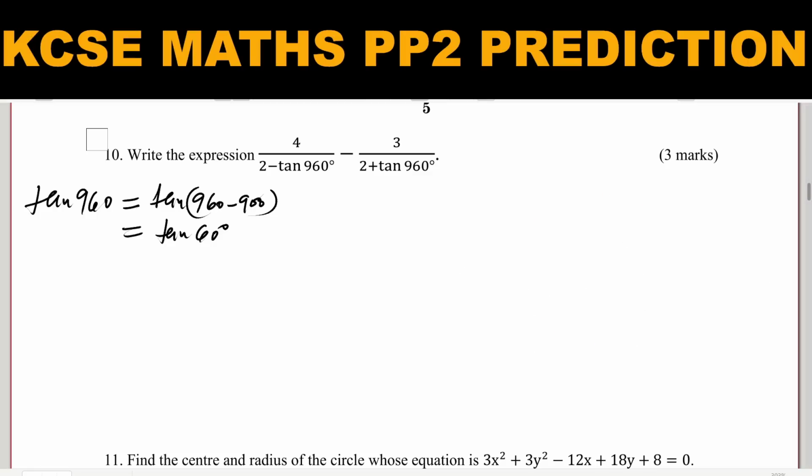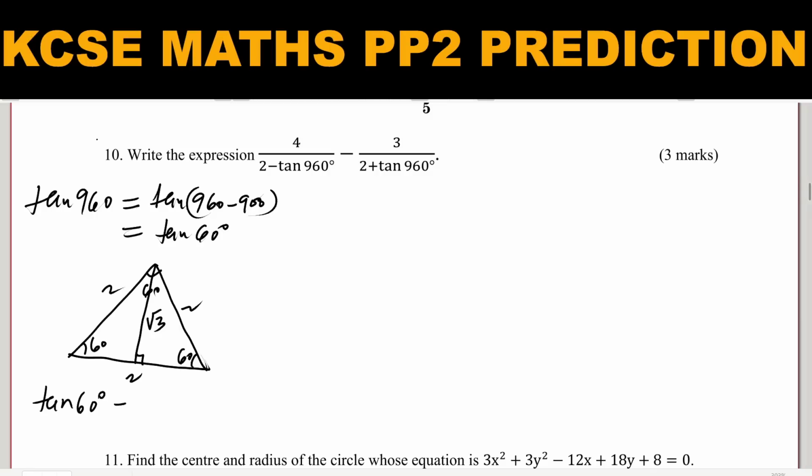And to do that, we shall use the equilateral triangle of sides 2. So that side is 2, this is 2. So this angle is 60, this one is 60, and this one is 60. Then we have the height there. This height will be root of 3. So from this, tangent of 60 will be given by, you can use any angle here.